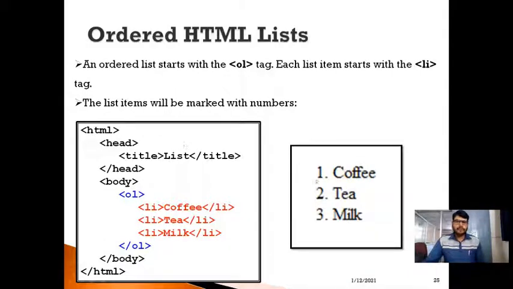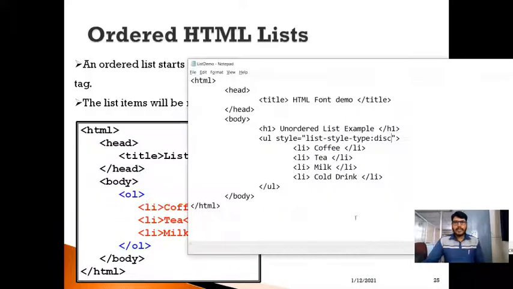By default, the ordered list style will be numeric, so it generates numbers 1, 2, 3, 4 like that. These are the list items. Let me quickly show you with a simple demonstration by modifying the same code here.